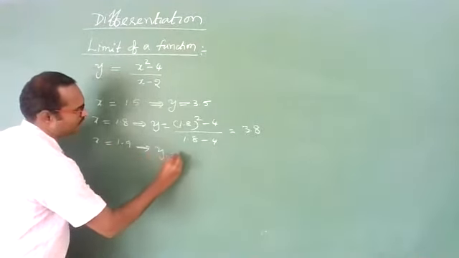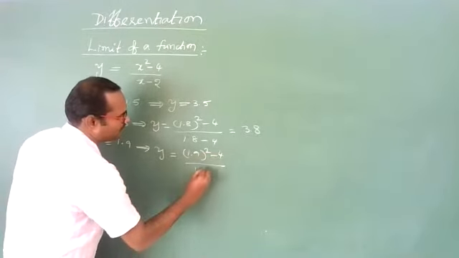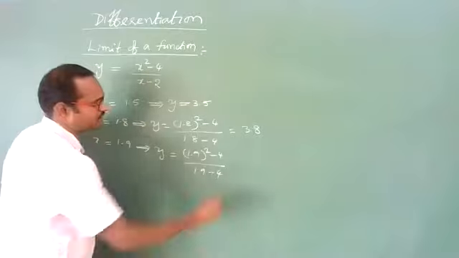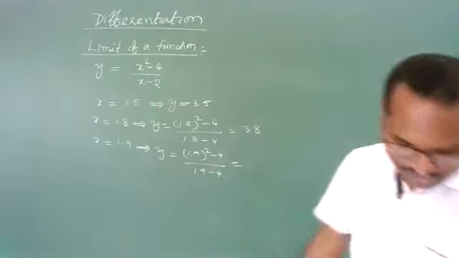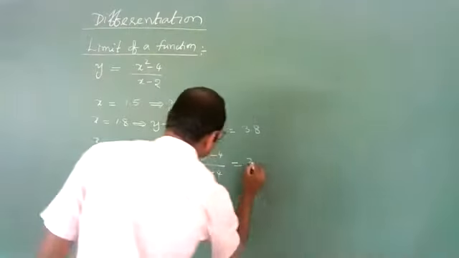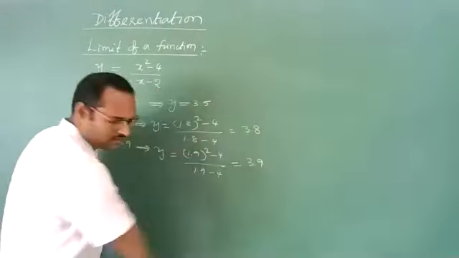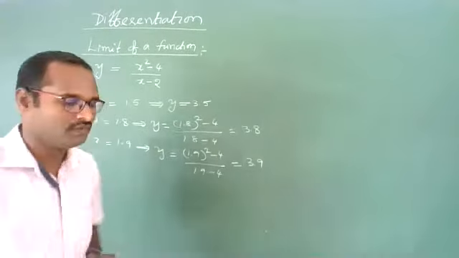What will you get as the y value? 1.9 squared minus 4, divided by 1.9 minus 2. If you do this calculation, you will get around 3.9. Exactly, you will get 3.9. If you want, you can check with the calculator. Good, Prithvi Sagar has given it.